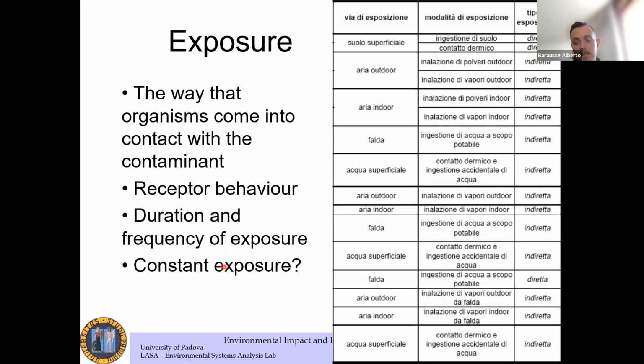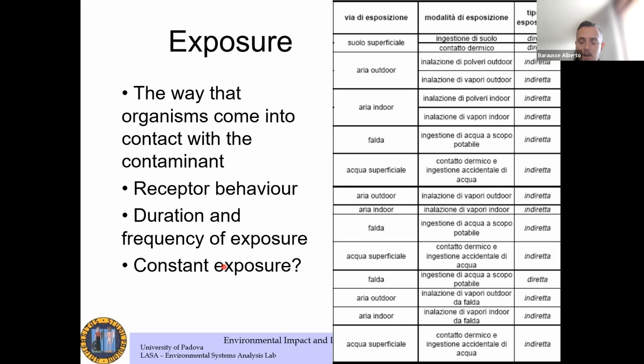And then you have to characterize exposure, which is the way by which organisms, humans in the case of health risk assessment, come into contact with the contaminant. So when you quantify exposure, you actually need to characterize your receptor in terms of, I don't know, weight, but also in terms of behavior.